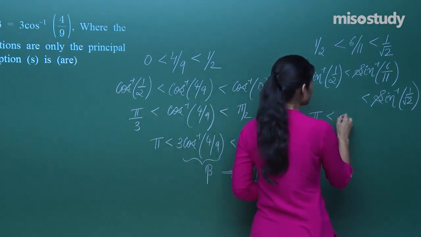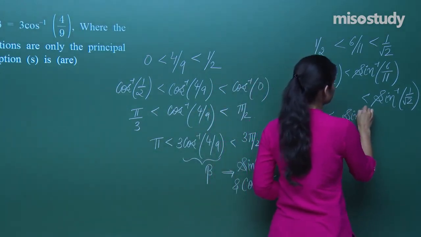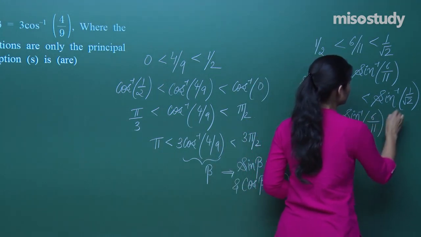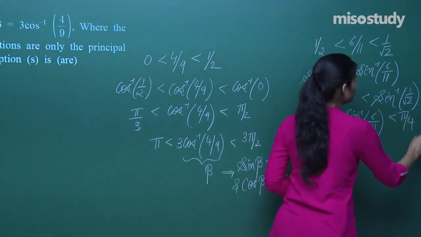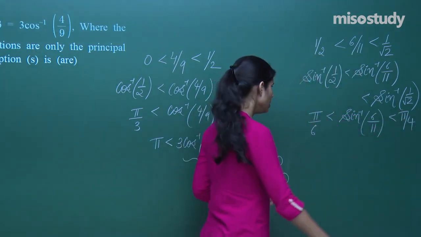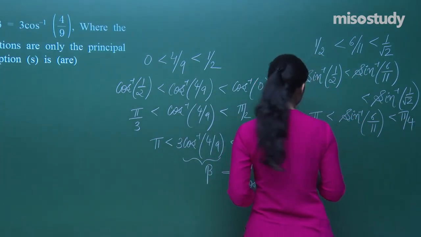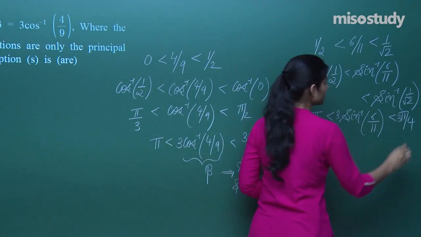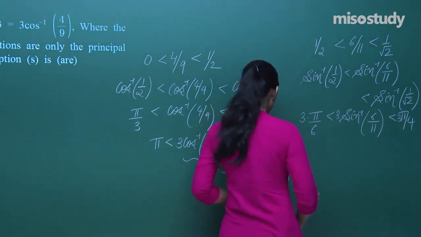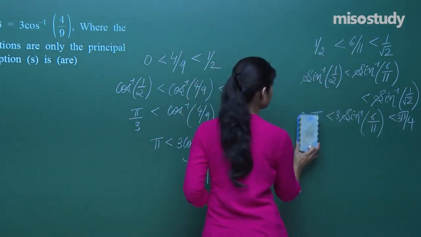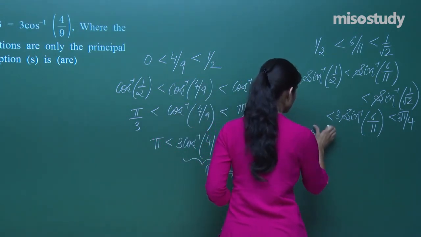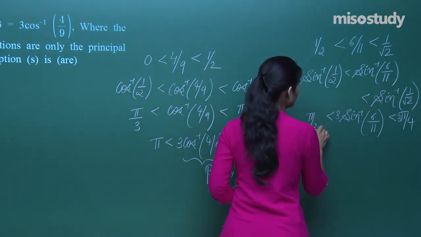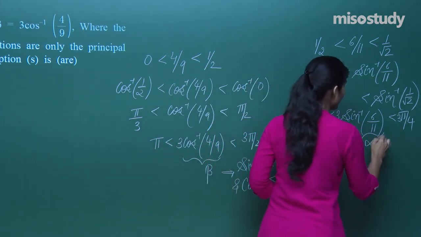So pi by 6 is less than sine inverse 6 by 11 is less than pi by 4. Clear? So here what you actually need is thrice of this. So thrice of this, and thrice of this. So this basically leaves you with pi by 2, and this is your alpha.